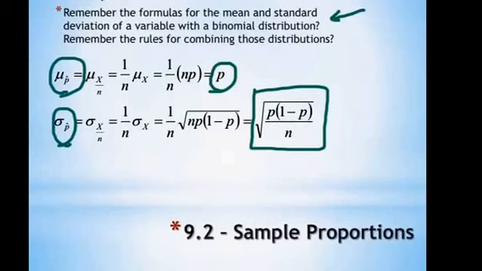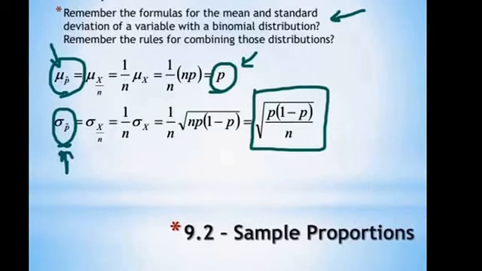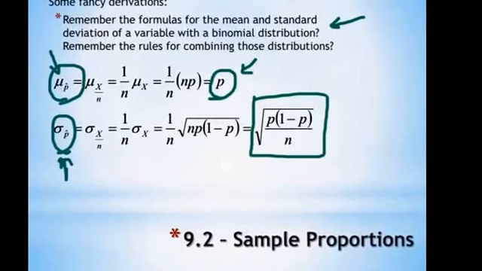These are in the formula sheet. They're right under binomial distributions. So if you look under the binomial distribution, it's going to say the mean of p hat is equal to p, and the standard deviation of p hat is equal to the square root of p times 1 minus p over n, this formula.